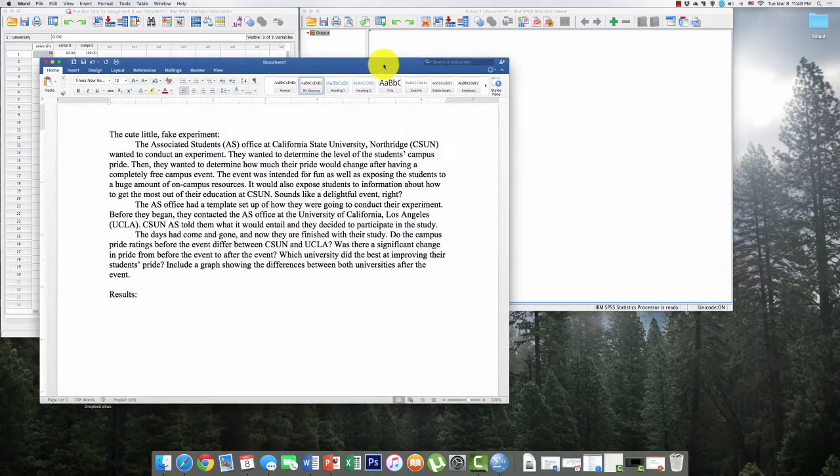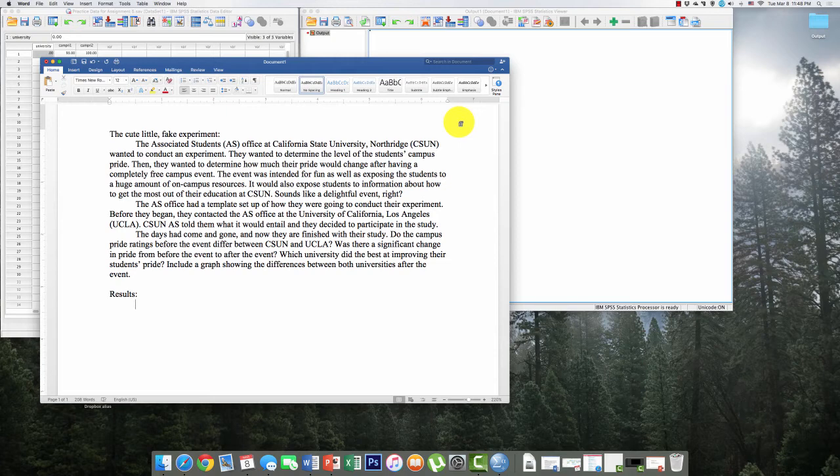Okay, so I have a cute little fake experiment. The Associated Students Office at CSUN wanted to conduct an experiment. They wanted to see how high or low the students' campus pride was, and then how much their pride would change after having a completely free campus event.